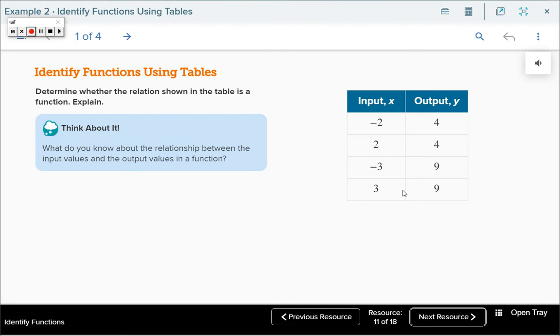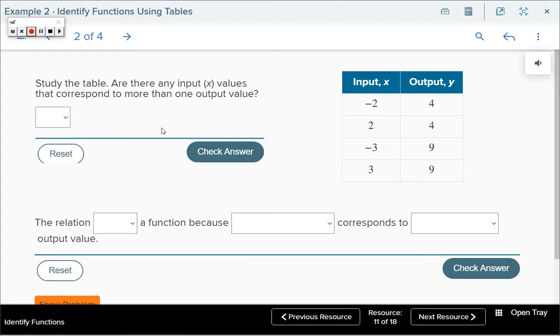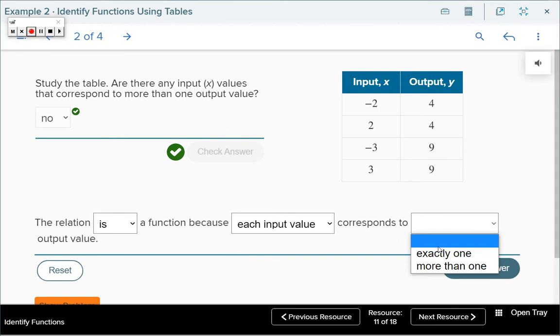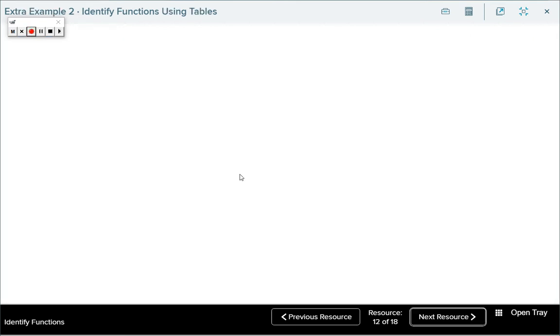So is this a function? Yes. Okay. Good. Oh, sorry. I wrote the wrong thing there. The input values that correspond to more than one output. No, so this relationship is a function because each input value has exactly one output. Good. Okay, look at this one.